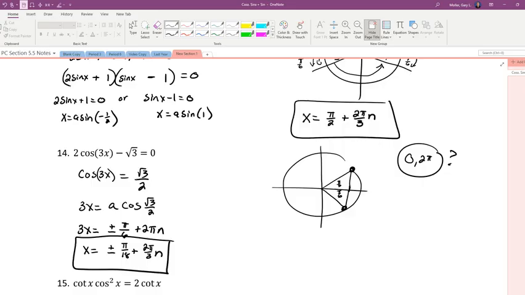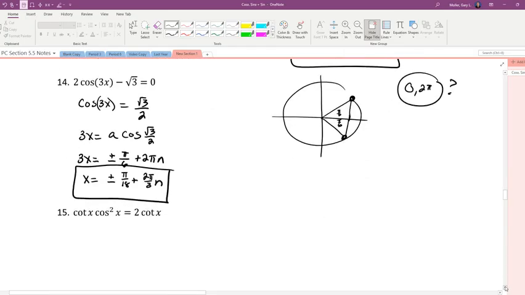So if I was going to make a list, I would need a list 3 times longer than what I thought I would need. In other words, I would need 6 angles, wrapping around the circle 3 times. So pi over 6 and 11 pi over 6, and then go around again, and then go around again. Those would all be outside of 2 pi, but when I divide by 3, they would come down into 2 pi. All right, hopefully that makes sense.